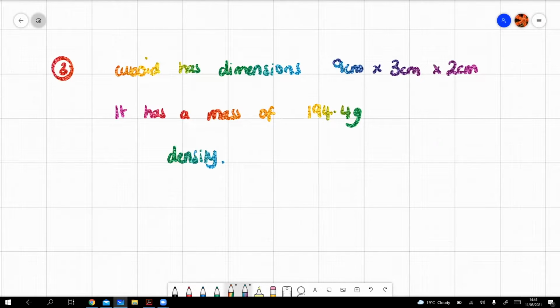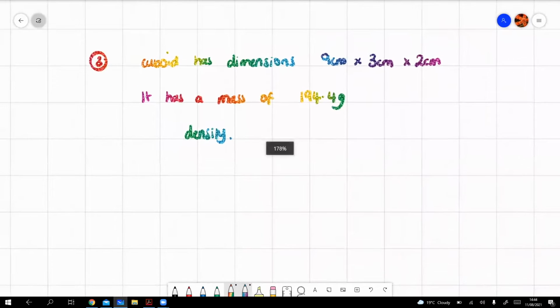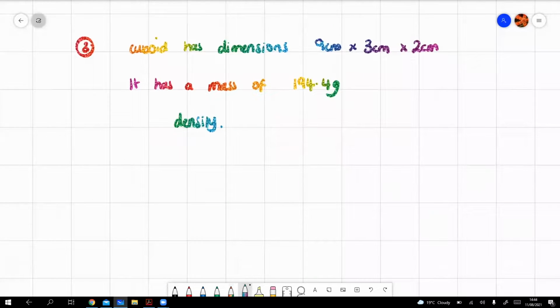Okay, first things first again. Draw your triangle out. Okay, MDV. We want the density, so we're left with mass over volume.